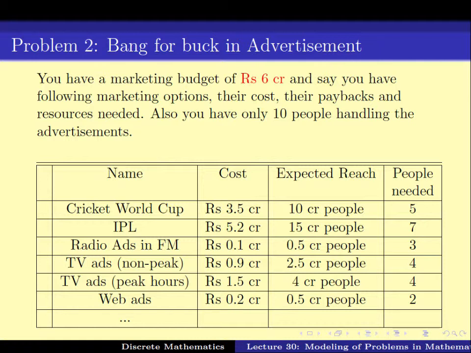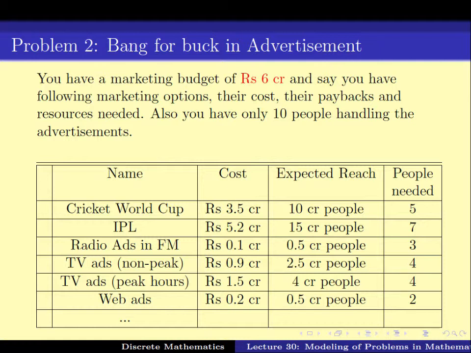Similarly, maybe for ads on FM radio, you will require only 0.1 crore and you expect to reach only 0.5 crore people, but the number of people required is just 3. Maybe you can think of TV ads during peak hours or non-peak hours and so on. So you have these various options.